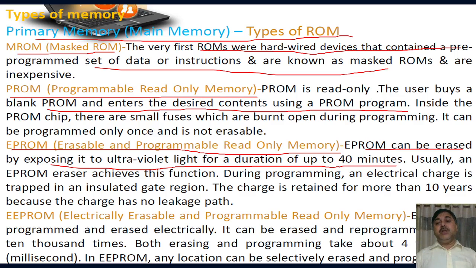During the programming, electrical charges are trapped. As we are trapping the different types of electrical charges, each charge is retained for more than 10 years, because the charge has no leak path.